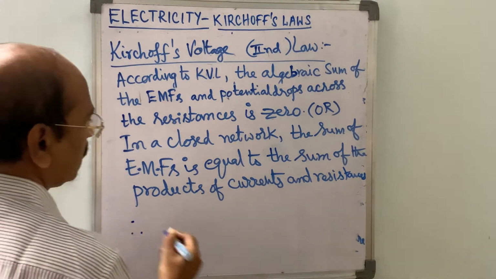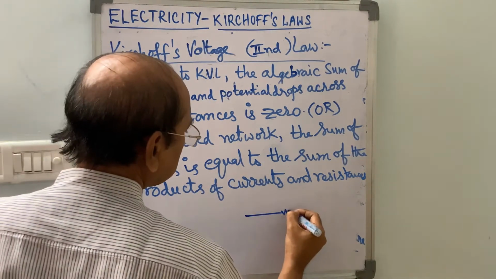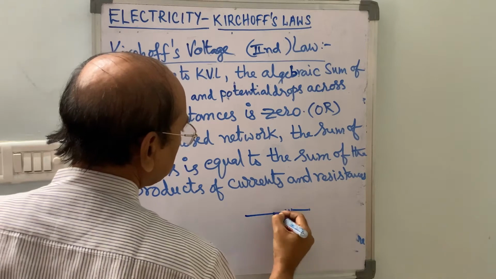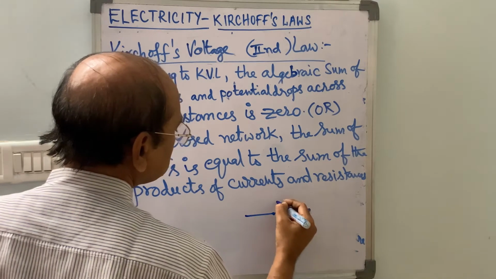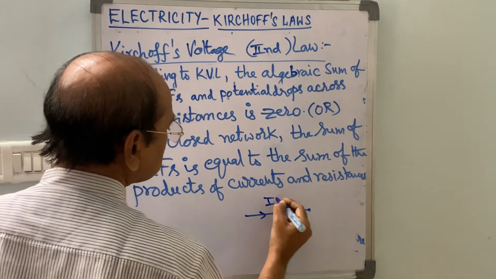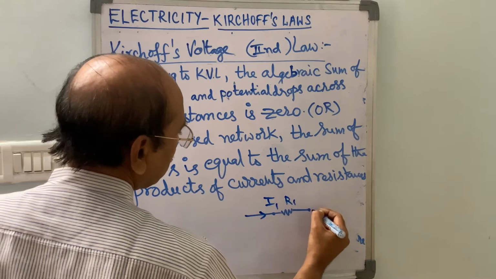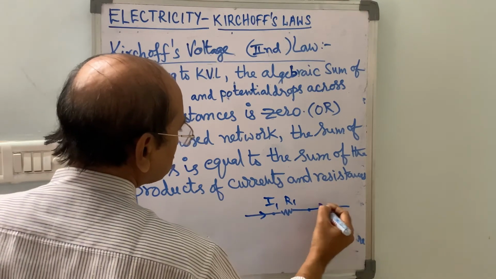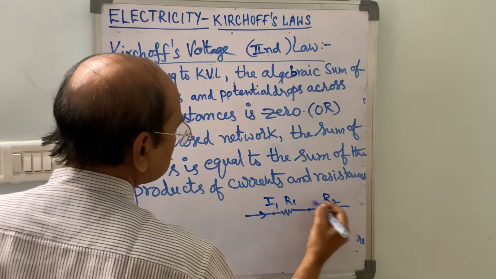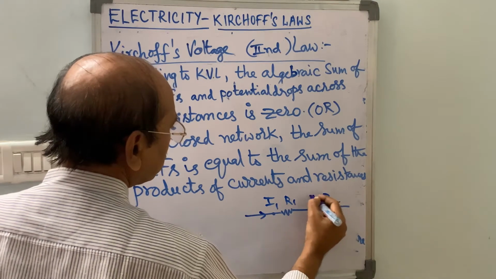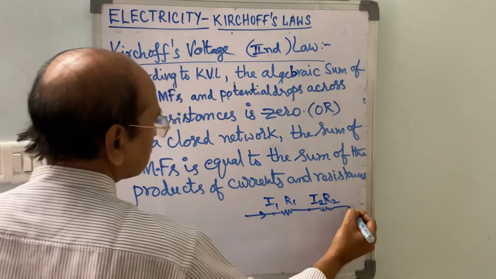Therefore, if we consider two resistances R1 and R2, the potential drop across R2 is V equal to I2 R2.